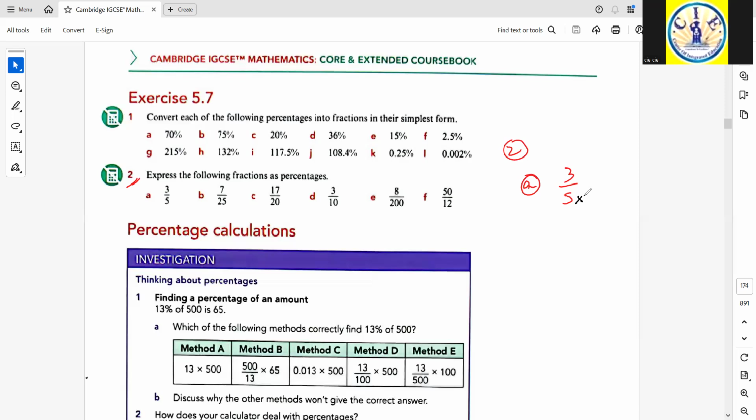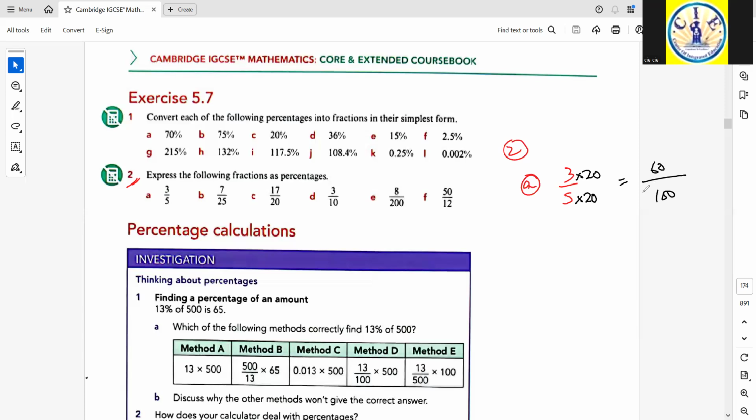So I need to multiply the denominator by 20 so that I could have 100 in the denominator. Since I've multiplied the denominator by 20, I need to multiply the numerator by 20 as well. So the fraction would become 60 by 100.